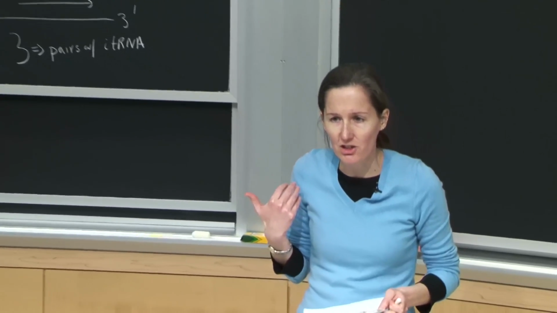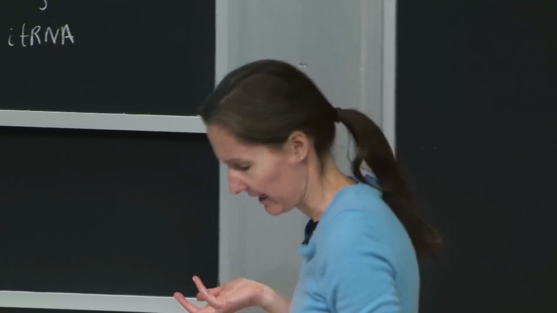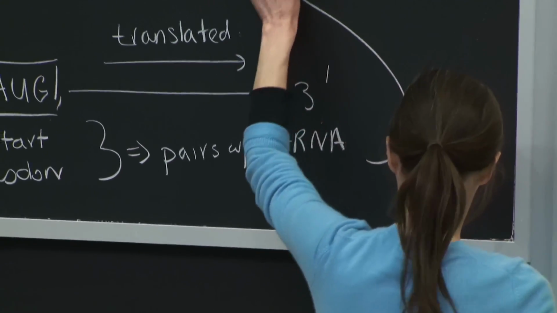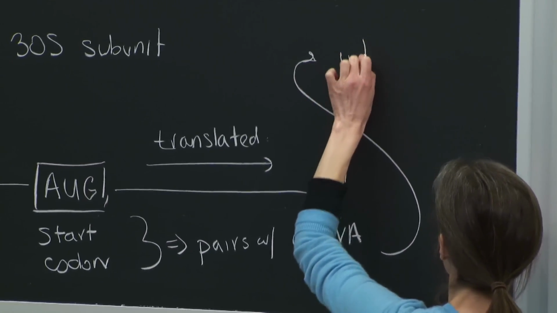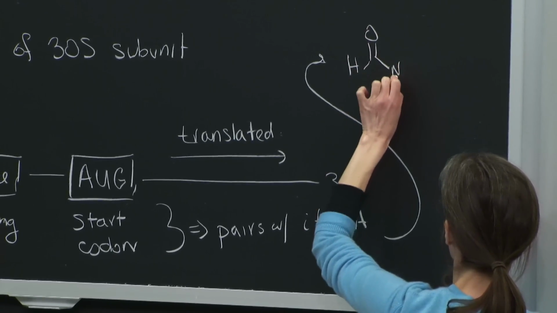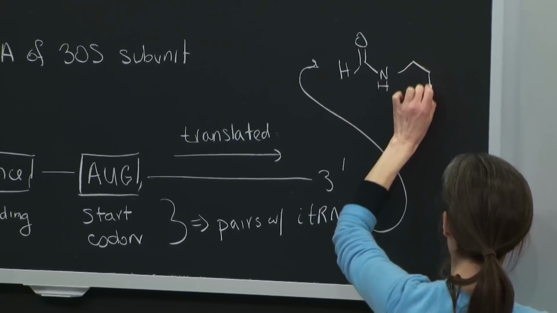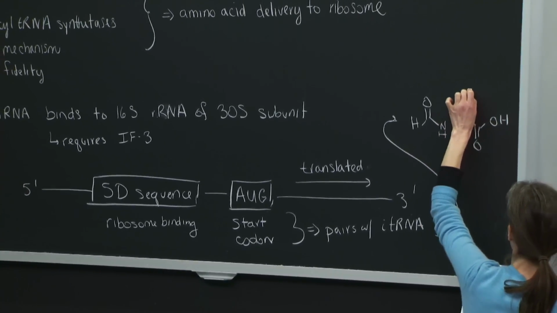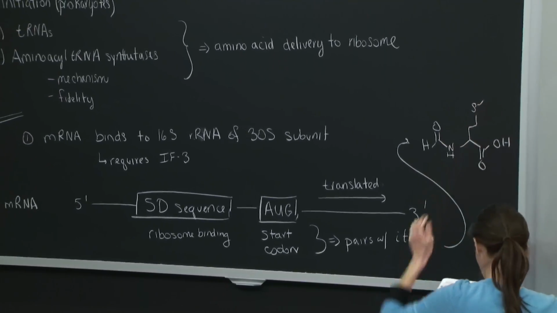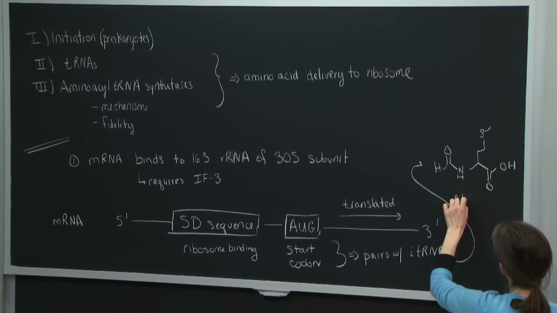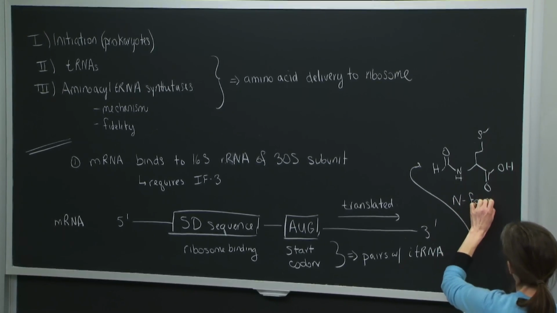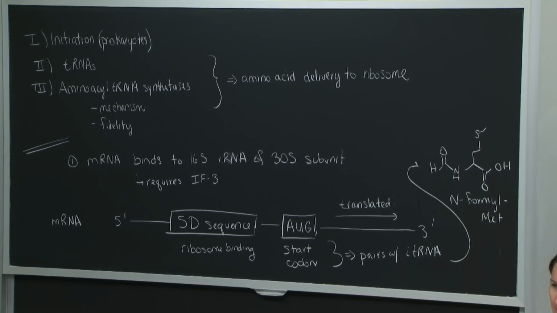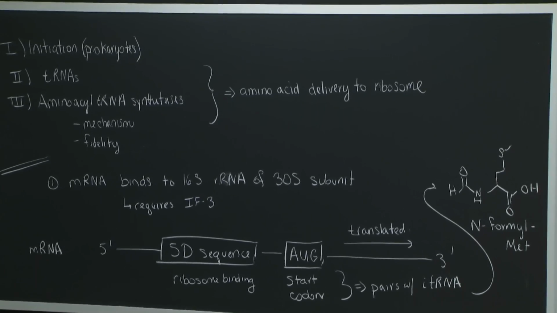One reason why it's special is because the amino acid attached is an N-formyl methionine. So sometimes the initiator tRNA is called fMet, tRNA fMet, as an abbreviation there.